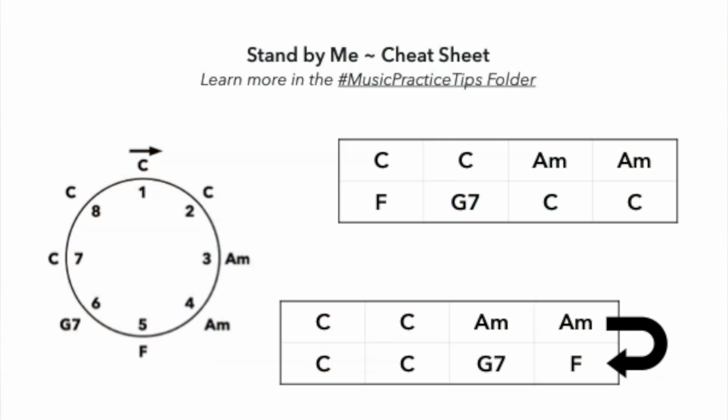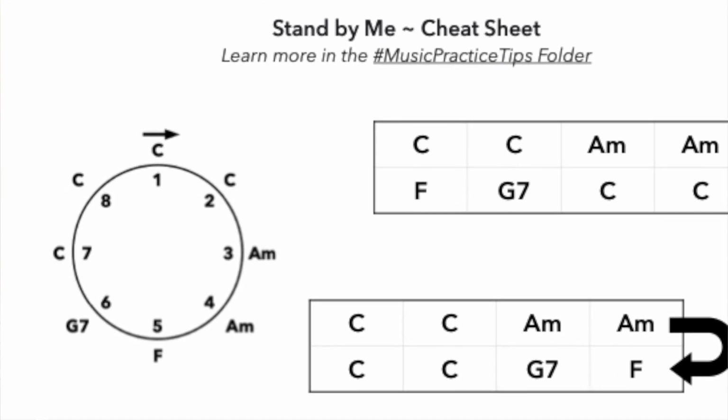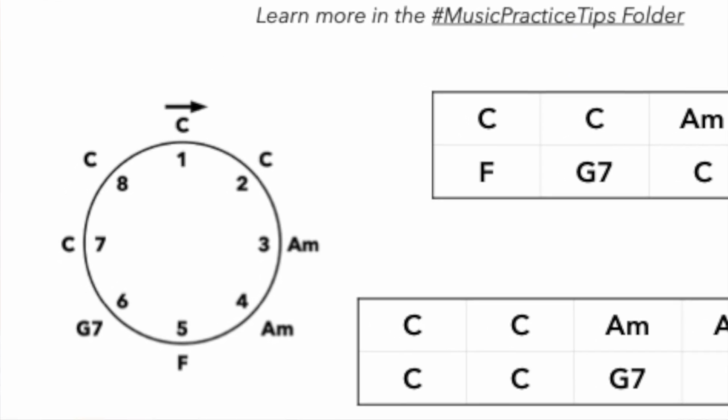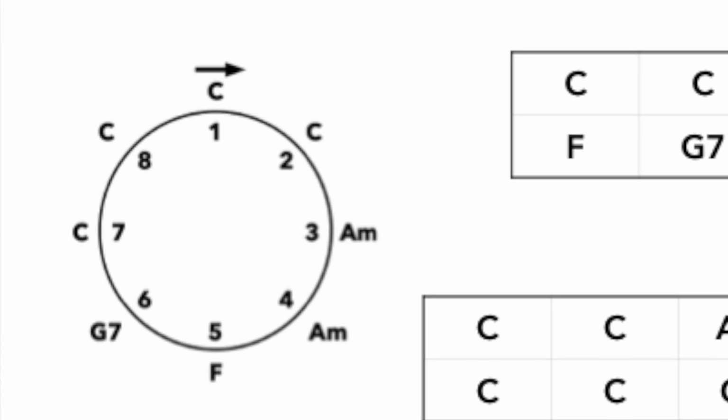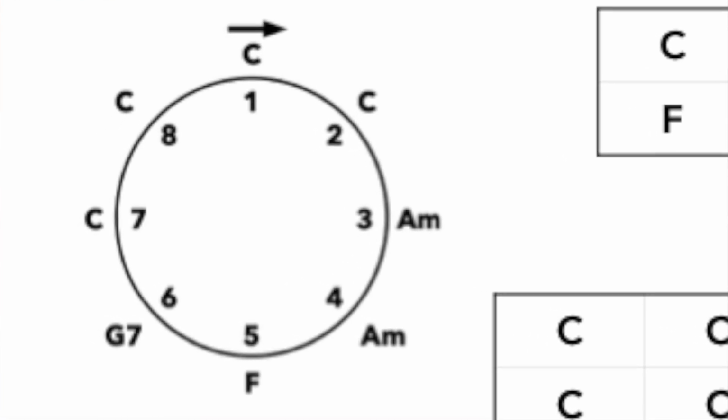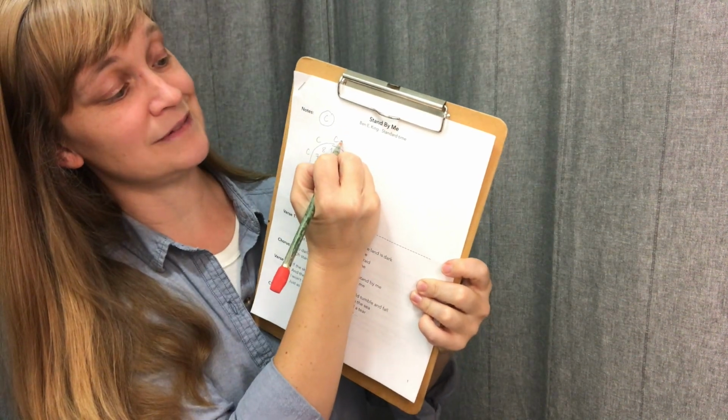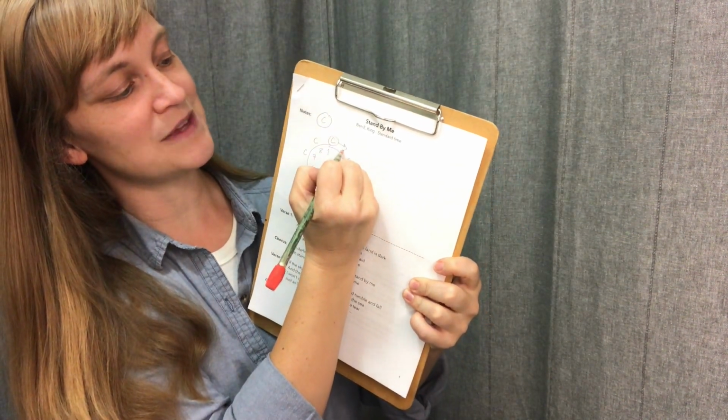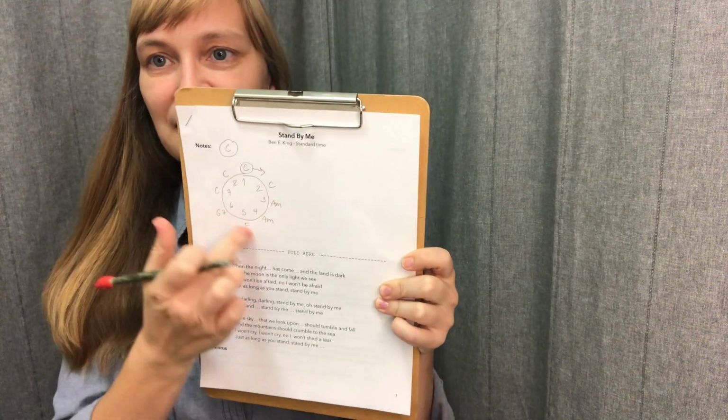I'm going to have 2 measures of C for Stand By Me to start us off, then 2 measures of A minor, 1 measure of F, 1 measure of G7, and close with 2 measures of C. I have to remember, here's my starting point, and I go from here, right? And every time I get back up to the top, I'm going to repeat around the circle again. That's the circle pattern. That's how my mind works.